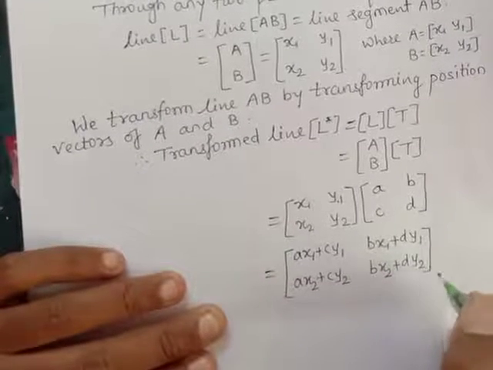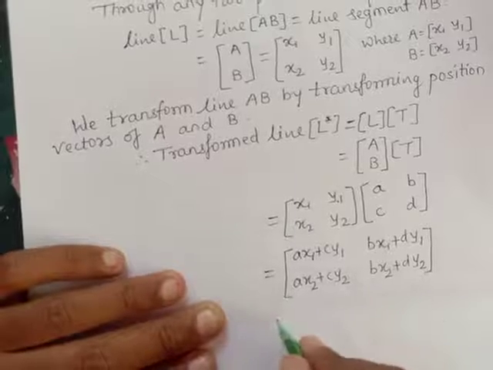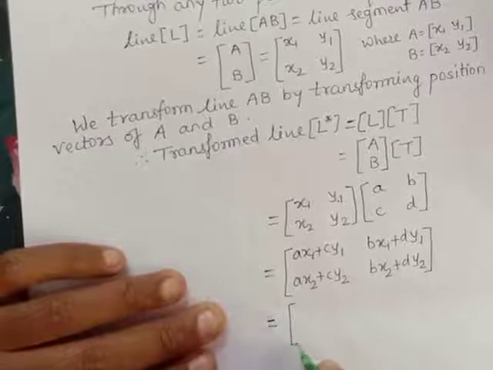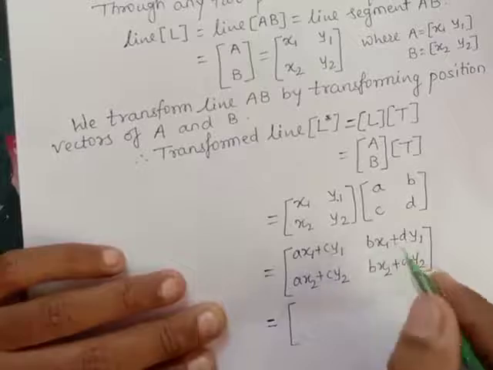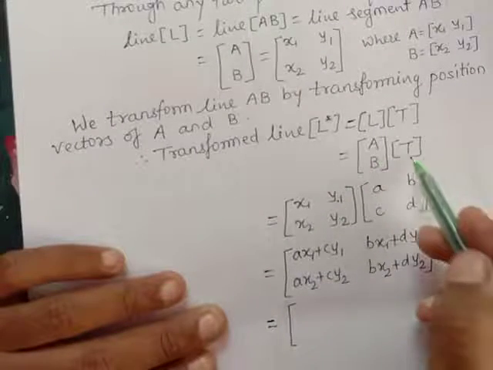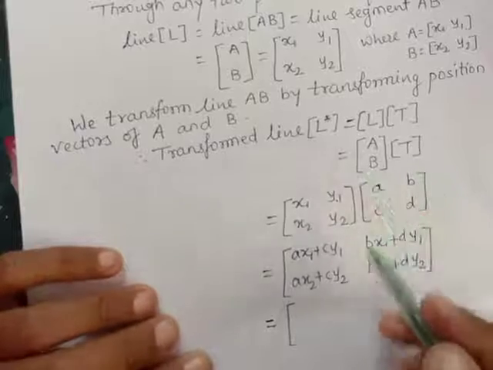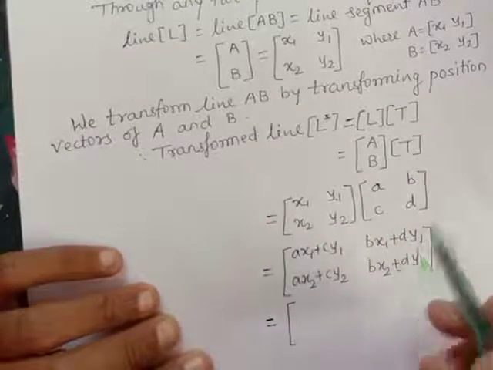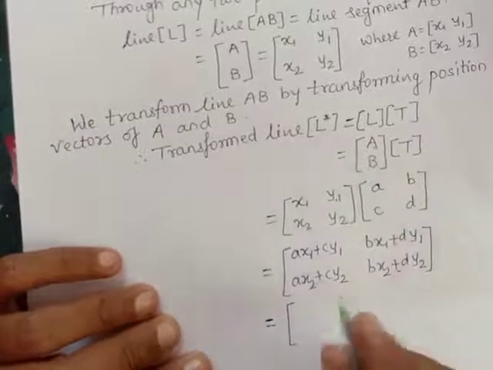This one. Okay, and these are the coordinates of the new point wherever A will transform due to this transformation matrix, and these are the coordinates of the new point wherever B will transform, right?